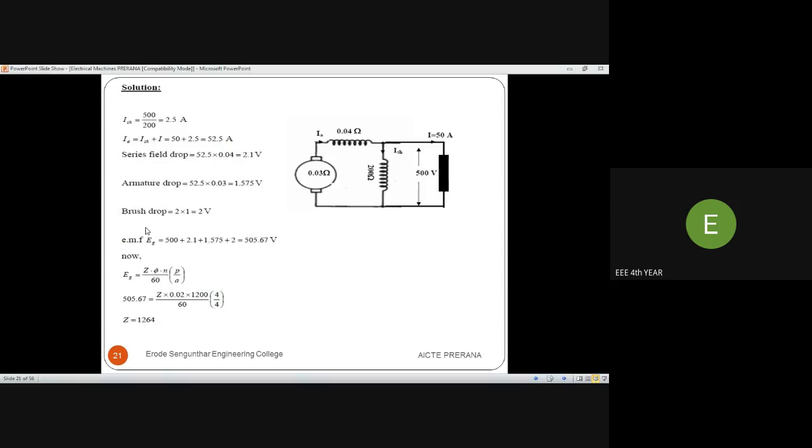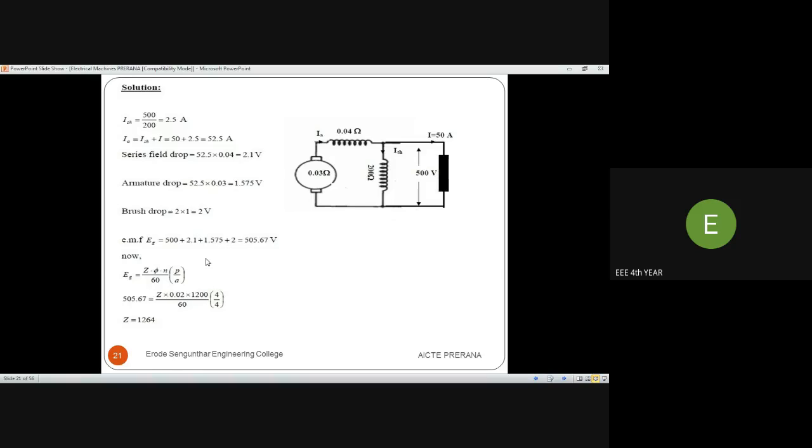Then we can add the brush voltage drop, 1 volt per brush. We have 2 brushes in this armature winding, brush B1 and B2. We can determine the brush drop, 2 into 1, that is 2 volts across the armature winding. So totally we can determine the generated EMF value, Eg equals 500 plus 2.1 plus 1.575 plus 2.